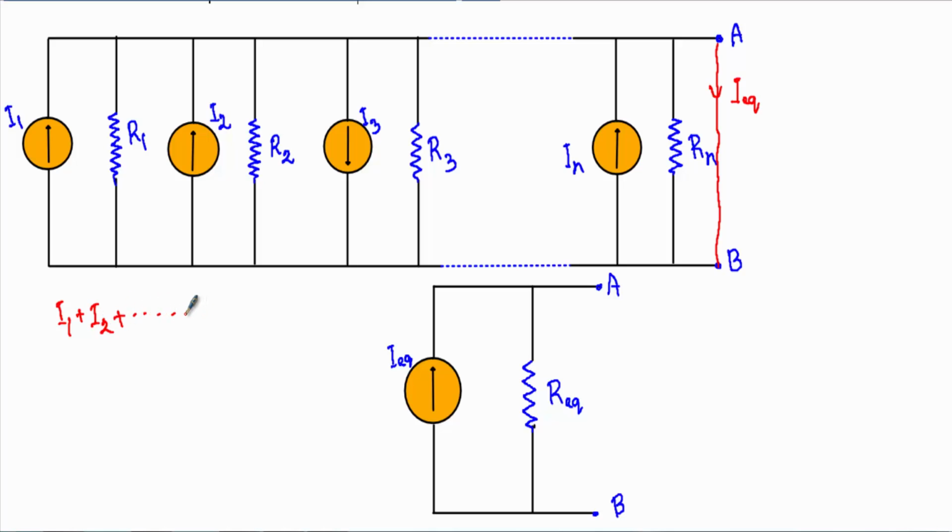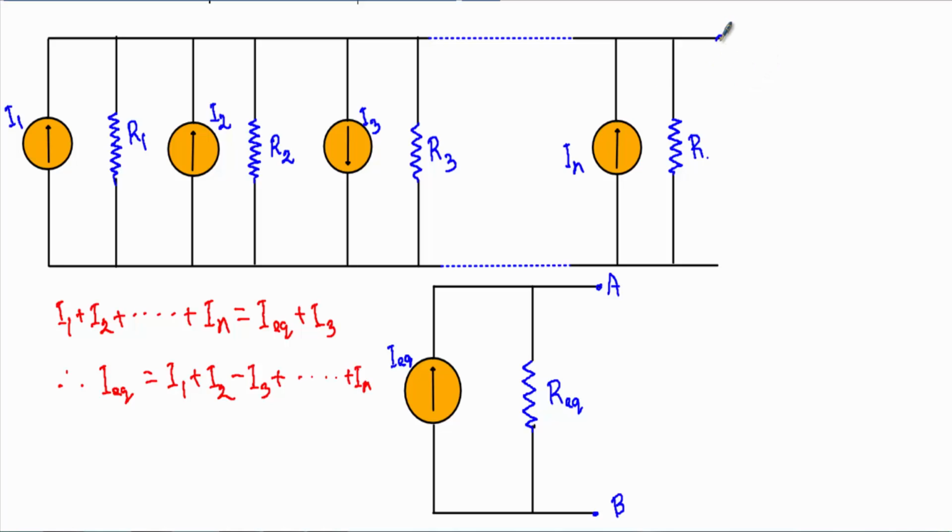Let's say all are incoming currents and In will be incoming current, and our outgoing currents will be I equivalent and I3. So from which I can calculate I equivalent will be equal to I1 plus I2 but minus I3, because this is outgoing from this node, plus all the currents plus In.